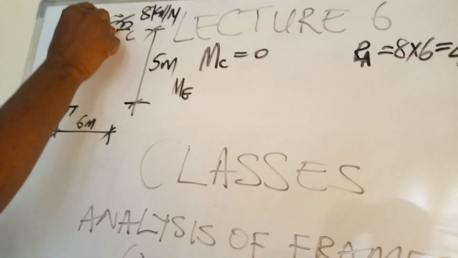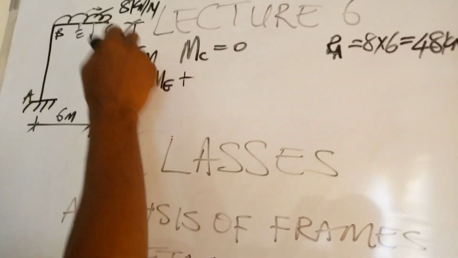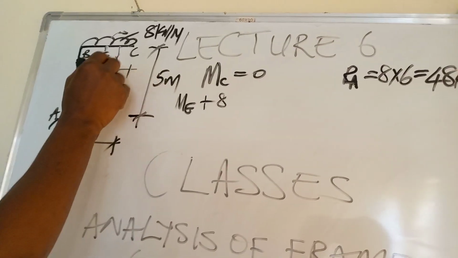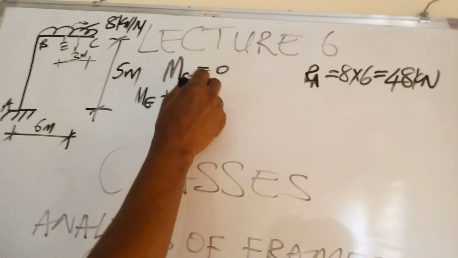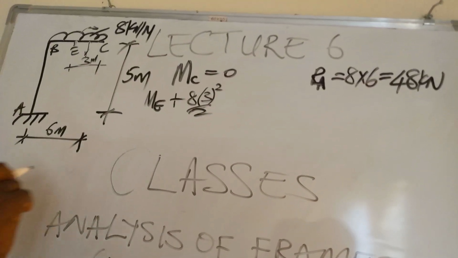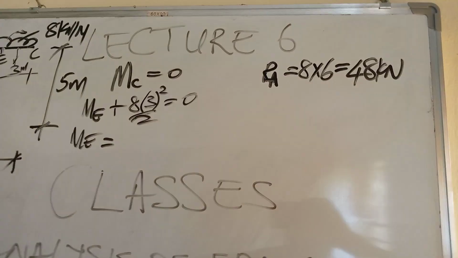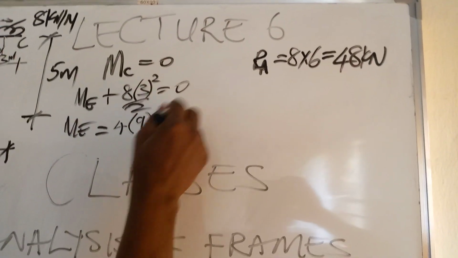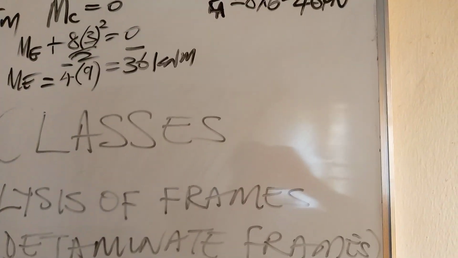Looking at the line of action, the load turns the same way as the moment, so it will be plus 8 times the distance from C to E, which is 3, half of the span. So 8 times 3 squared over 2, and ME is equal to 4 times 9, which is 36 kilonewton meter, minus, because it has the sign of minus. That's the moment at point E.